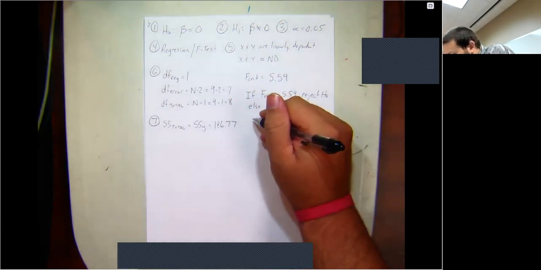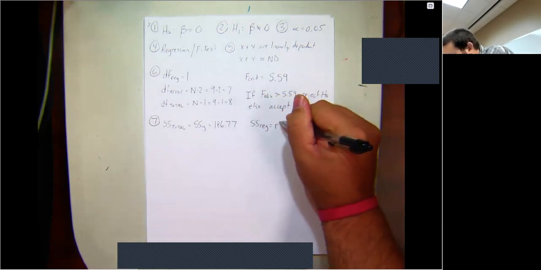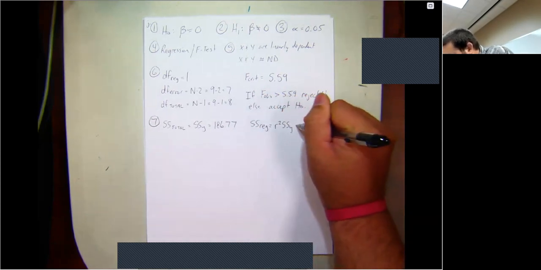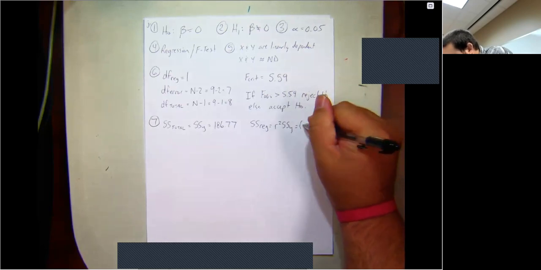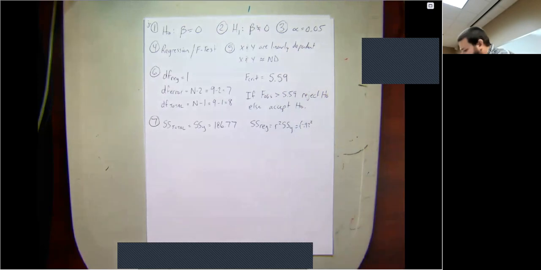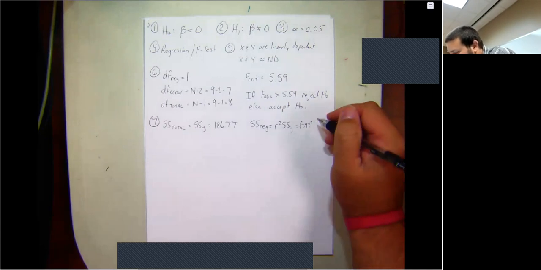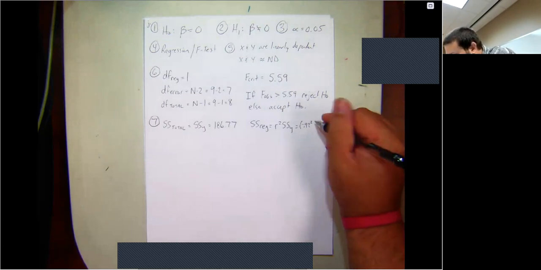Sums of squares regression, SS reg, is R squared times SSY. R was negative 0.92. We're going to square that value. I got R, remember, from I. It's negative 0.92. We're squaring that, and we're going to multiply it by sums of squares for the Y variable of 186.77.